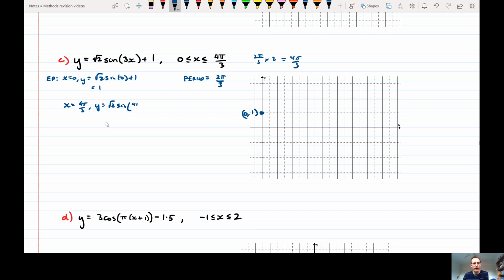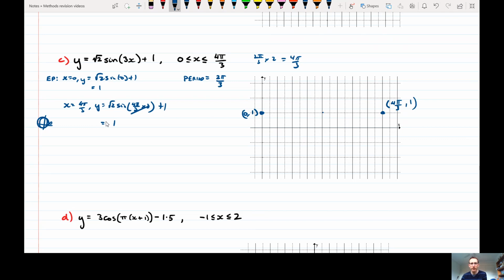Now 4π/3 times by 3 cancels out, becomes 4π. Now sine of 4π, from the unit circle, is 0 as well. So we're going to have 1, there we go. We're going to end up with 4π/3, comma 1 is going to go there.